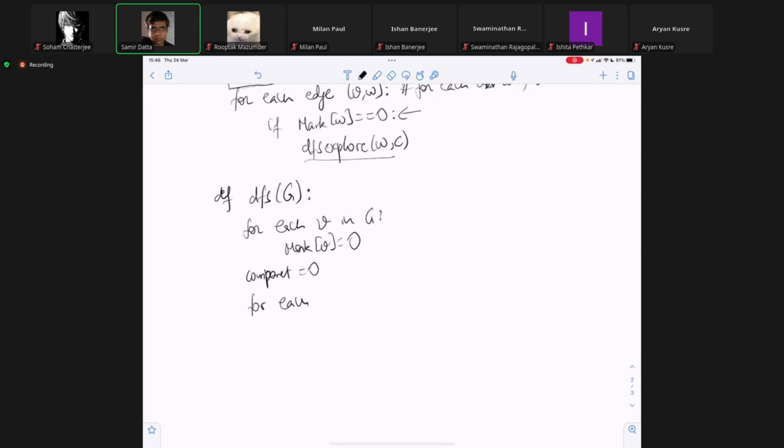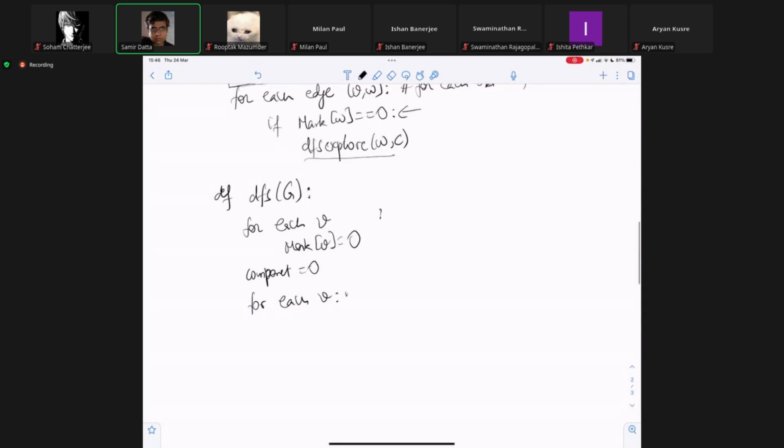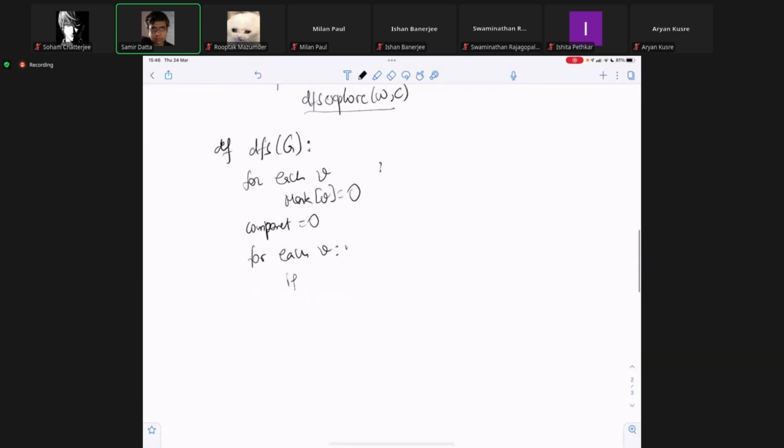For each V in G, if mark V equal to 0, that means that you are now at a new component.